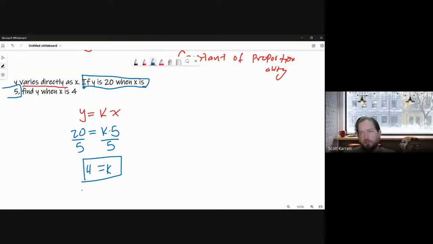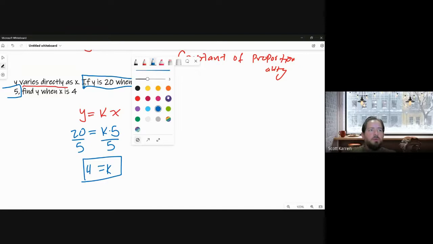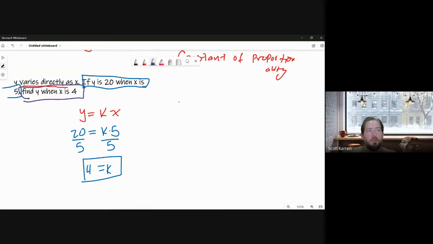It's not going to be 4 in the next problem, but it's 4 for this problem. And so then they pose a question. What is y when x is 4? All right, I can figure that out because I know k is 4. And now if I'm plugging in 4 instead of x, well, then I know that y is 16 when x is 4.